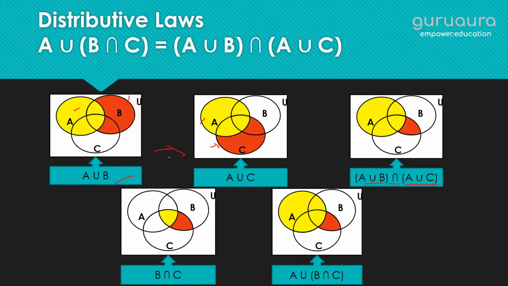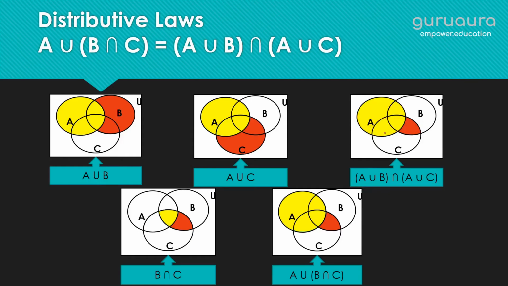We can see the yellow colored area is common, isn't it? And then this red area, only this portion is common. So what will be A union B intersection A union C? This yellow plus red colored area will be A union B intersection A union C.